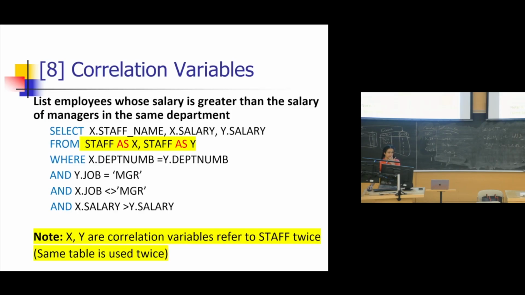For example, you mentioned that Y job is manager, meaning that you defined Y as manager, and X job is not manager. So whatever other job we have, other employees who are not managers, they are X. And we want to find those employees, that is those X's whose salary, that is X salary, is greater than manager salary, which is Y salary.